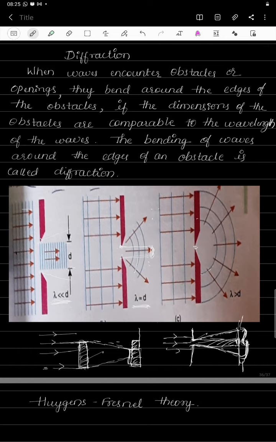The diffraction effect is observable quite close to the opening when the size of the opening is very small. When the opening is very large, the diffraction is observed at a greater distance from the opening. In general, the diffraction of waves becomes noticeable only when the size of the obstacle is comparable to the wavelength of light used. This is the condition.